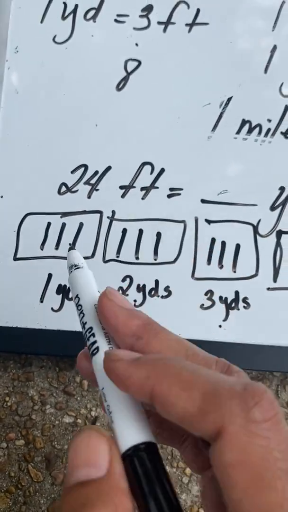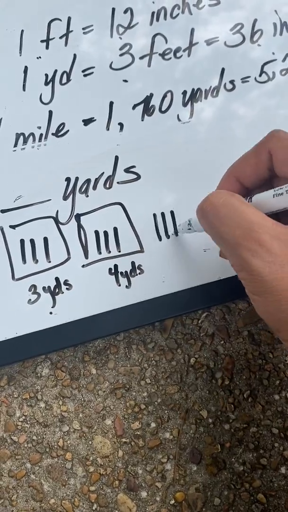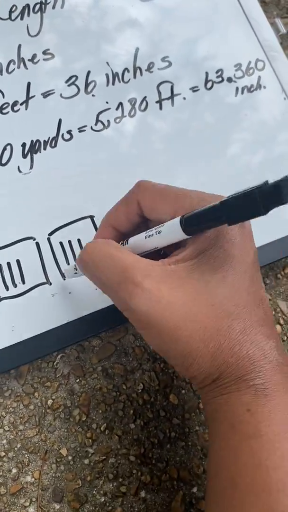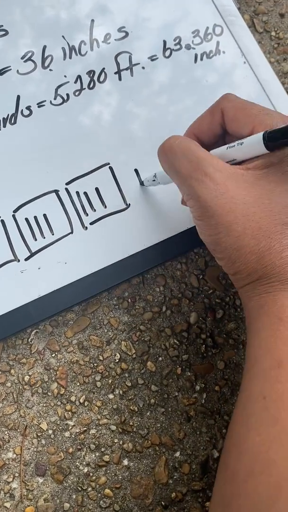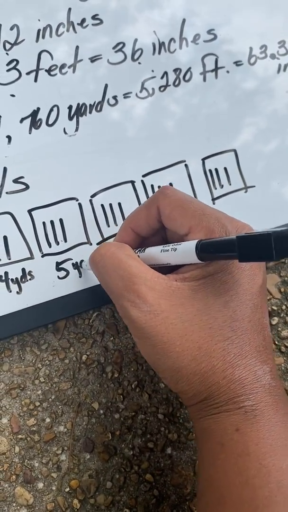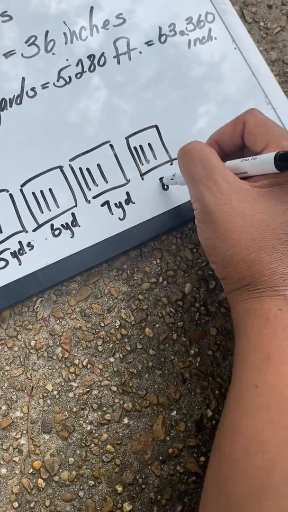Because we have to go 24 feet in all. So this is 3, 6, 9, 12. Let's keep going. 15, 18, 21, 24. 5 yards, 6 yards, 7 yards, 8 yards.